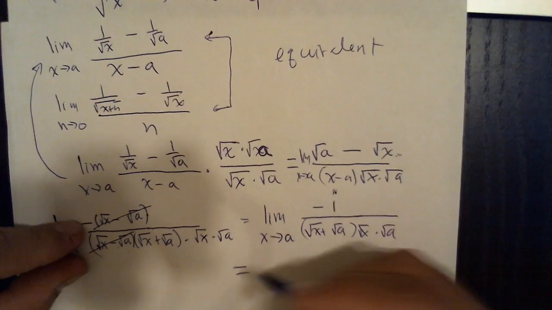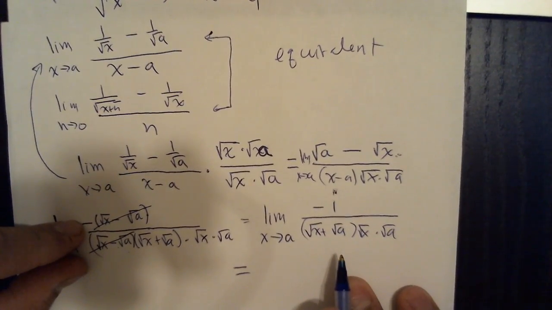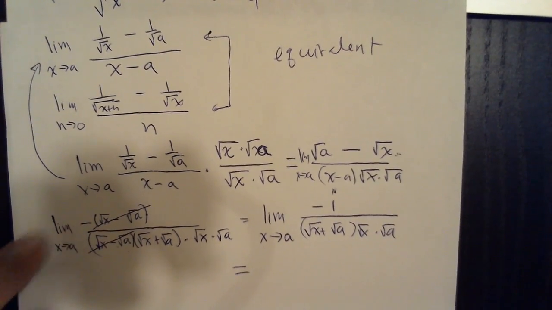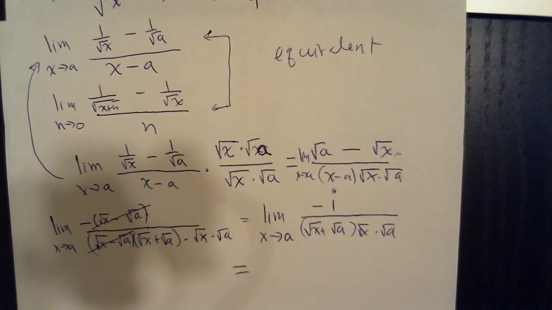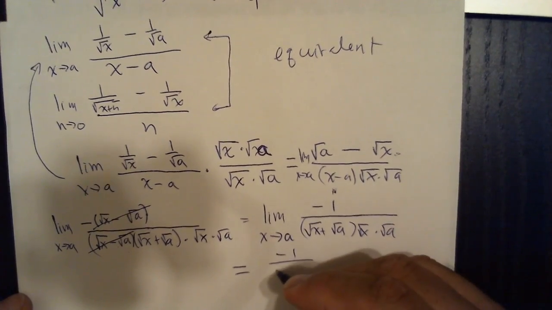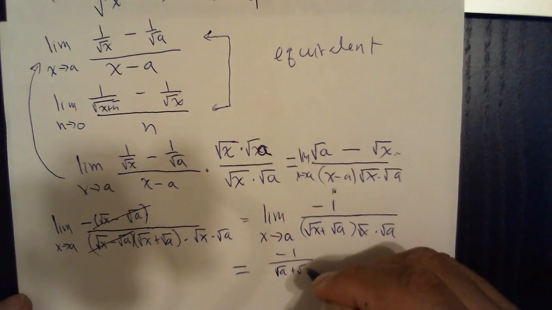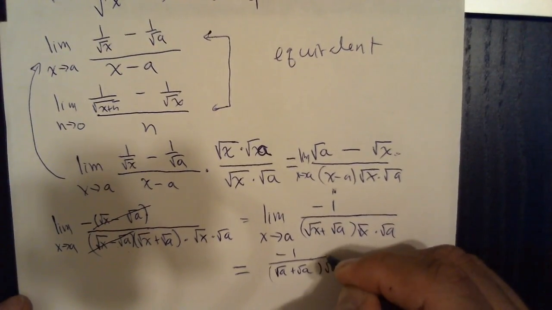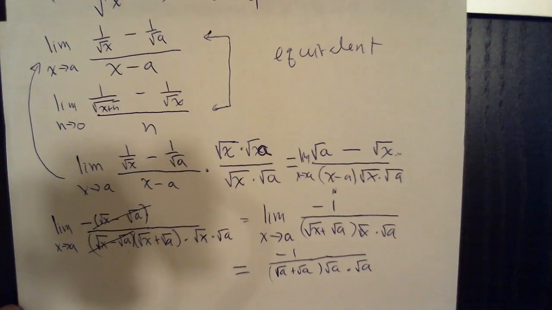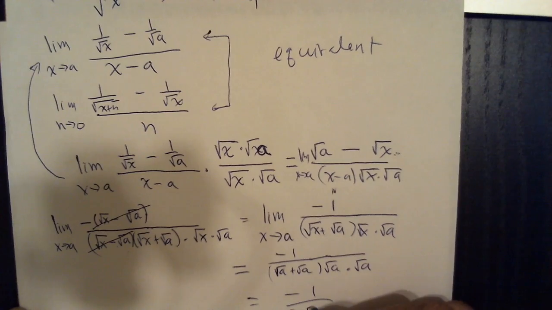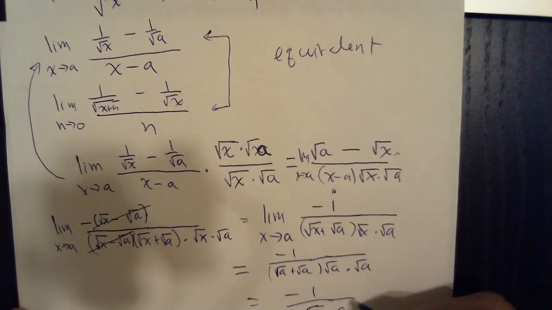Let x approach a, and doing that we'll get negative 1 over, and simplifying a little more, 2 square root of a times a.